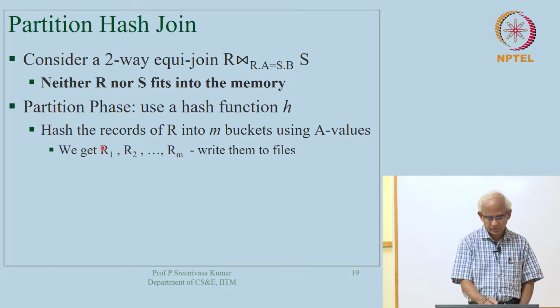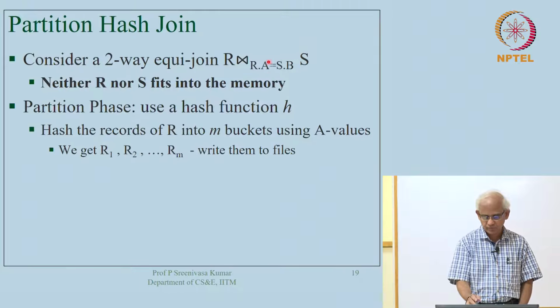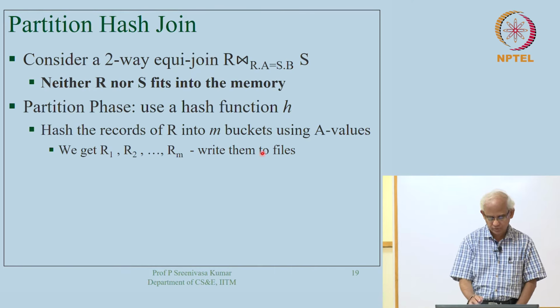The only property that these files have is that all those records that have a particular hash value will go into one particular file. Okay. I can choose this m to be large enough.